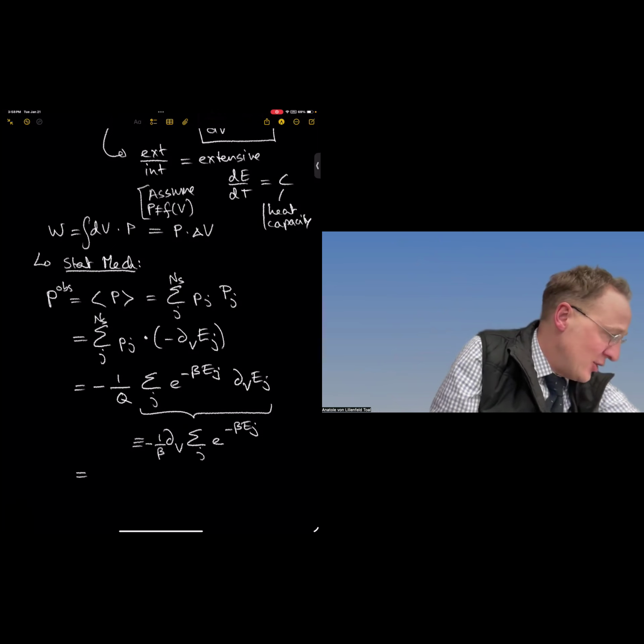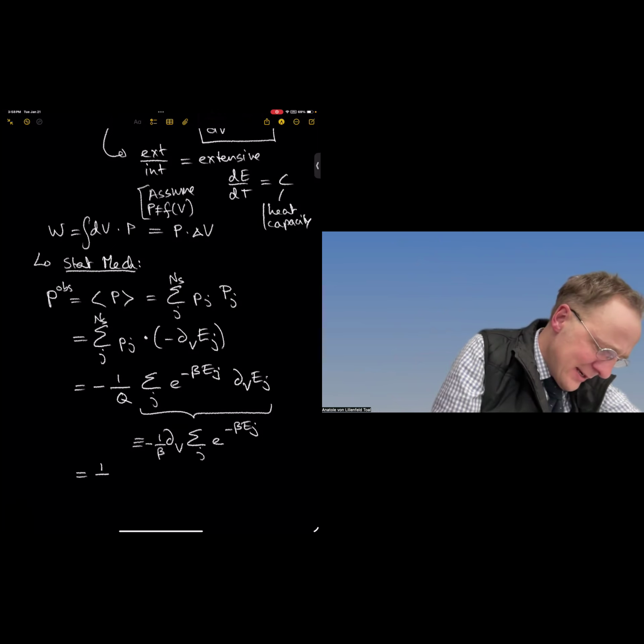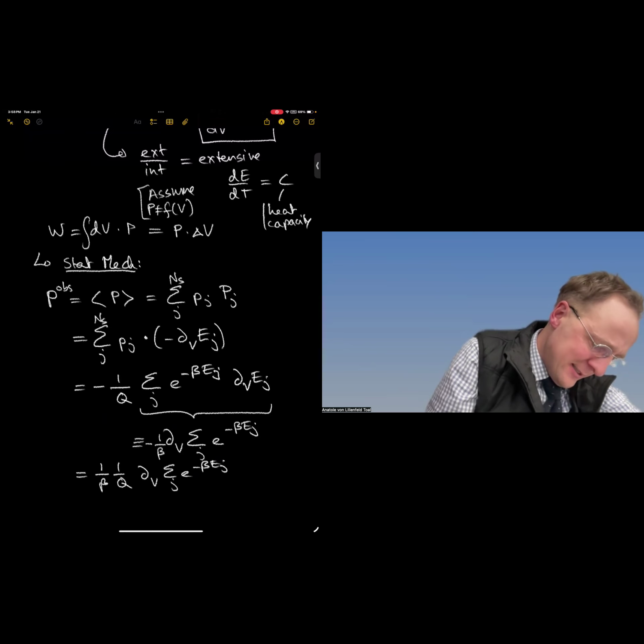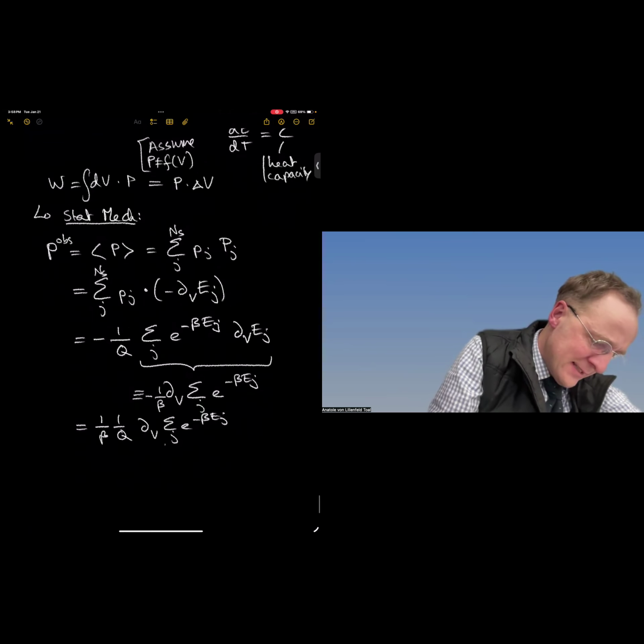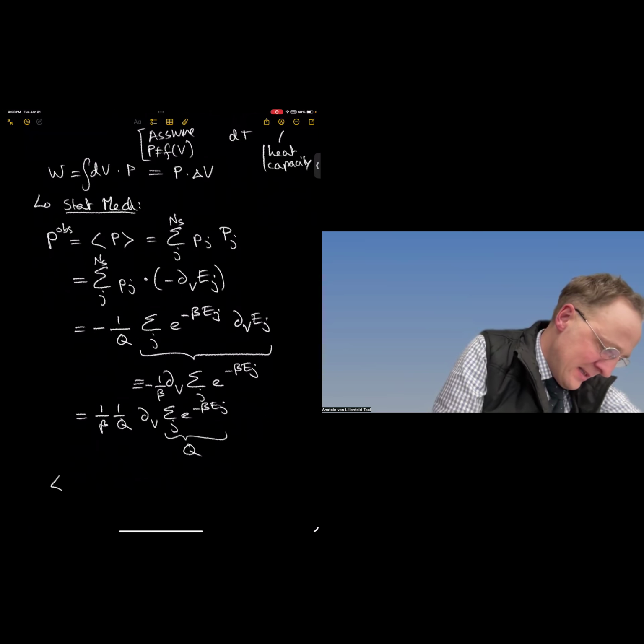And so I have two minuses, they go away. I have 1 over beta, 1 over Q, the derivative of the sum over J of my Boltzmann factors. And now that's, of course, nothing else than Q. So my P is simply 1 over beta Q dV Q.